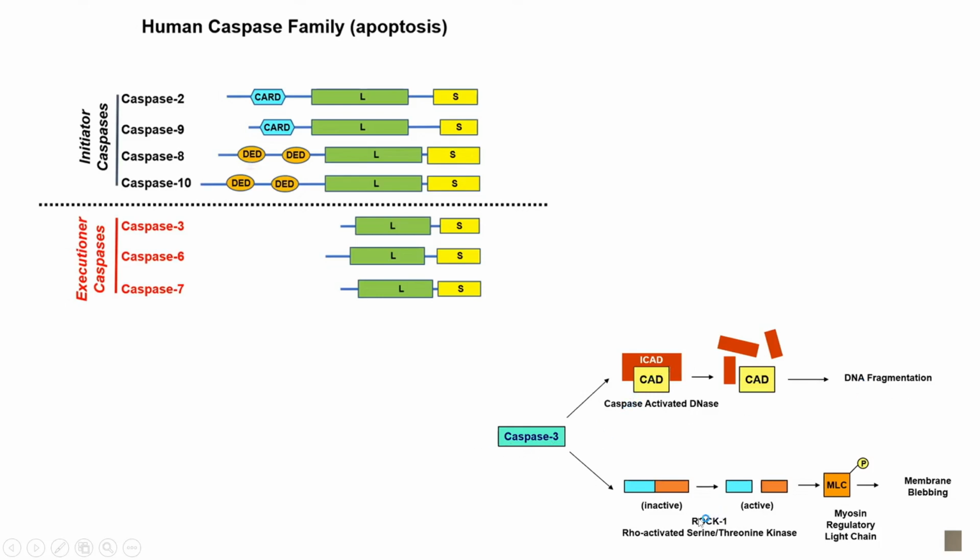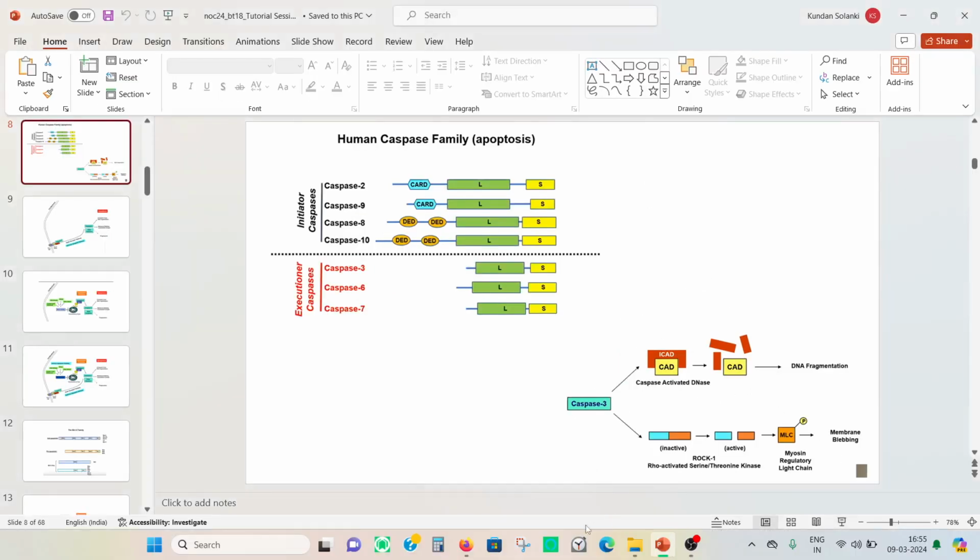Further, caspase 3 will lead to ROCK1 cleavage, and it will become the active ROCK1. ROCK1 then further phosphorylates MLC. Phosphorylated MLC will lead to membrane blebbing. So it is MLC phosphorylation that leads to membrane blebbing, not the dephosphorylation. Okay.